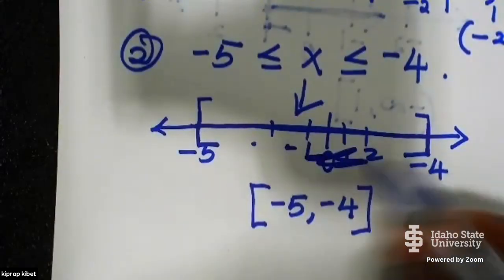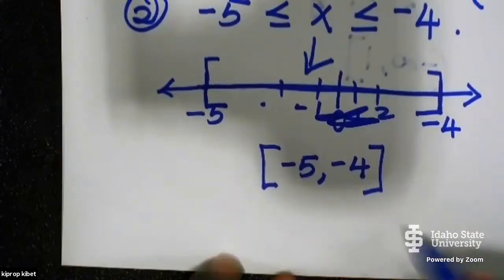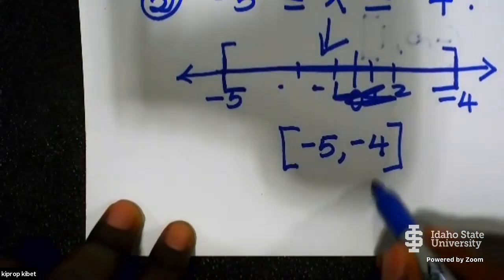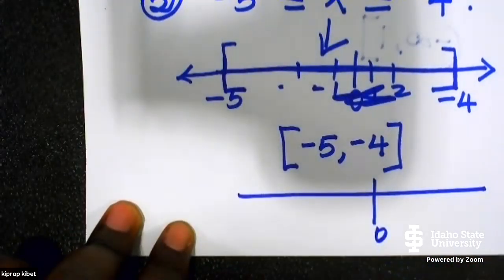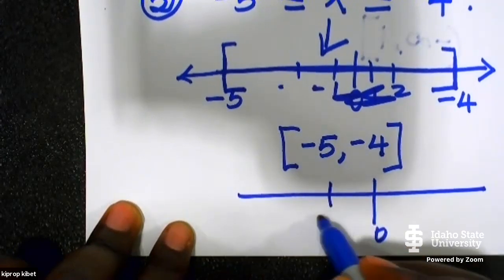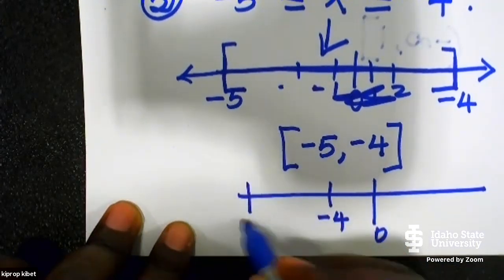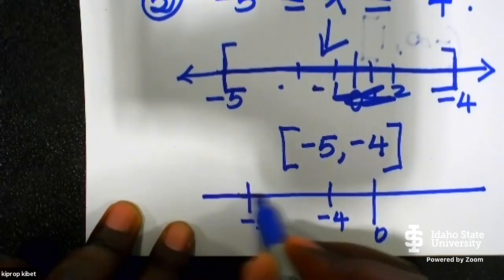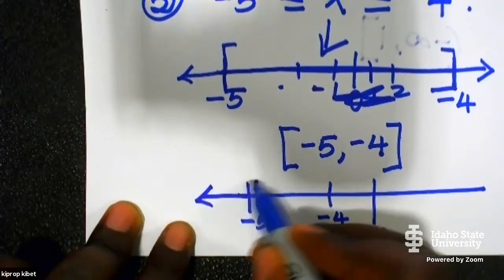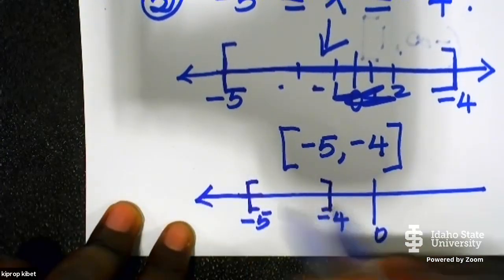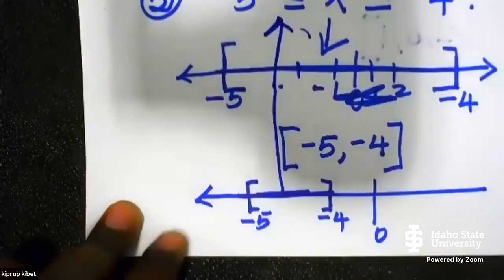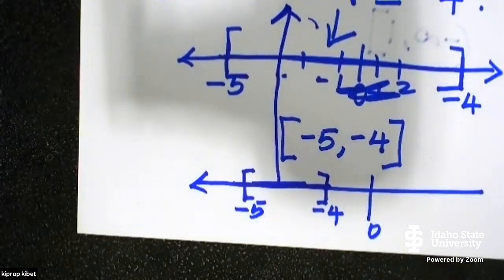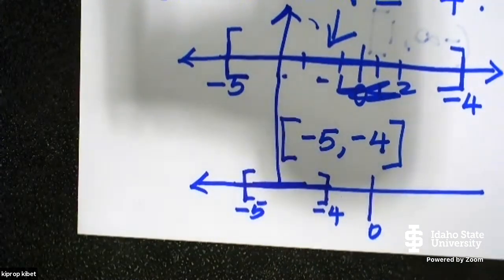So, sorry for that. So this is 0, right? And then there is, let's say, -4 here, and then there is -5 here. Sorry for that. So that one is like that. So this and that. So this one is the region. All right, okay. Thanks for that.